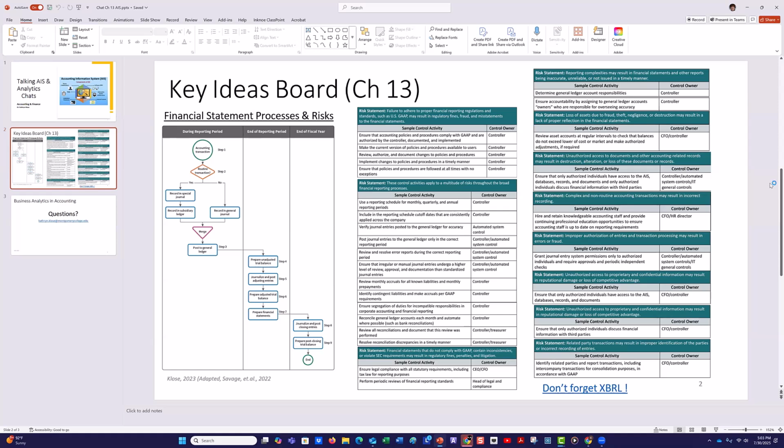Once we decide they should be recorded, they might be recorded in a special ledger, say fixed assets, or recorded in a subsidiary ledger first. This would be AP, AR, payroll. Or it might be recorded into the general journal.